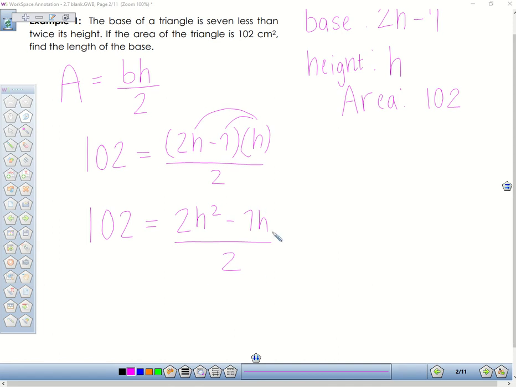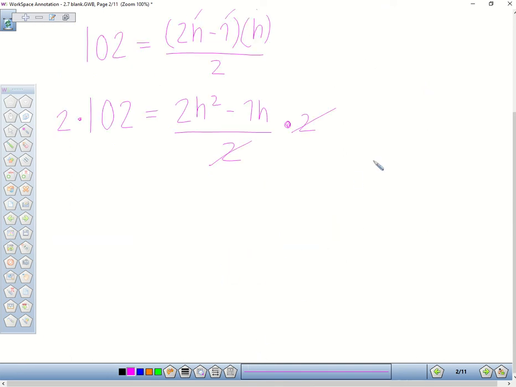So that's what we have so far. Now, how can I get rid of this 2 in the denominator? Yeah, I can multiply both sides by 2, right? That cancels out the 2 in my denominator, and that leaves me with 204 equals 2h squared minus 7h. Now you're starting to see it's got the form of a quadratic.